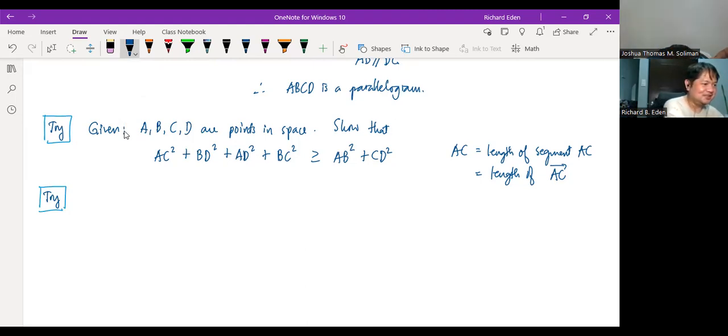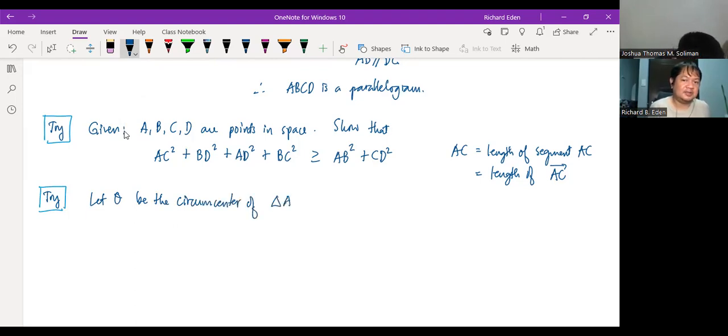Let me write down the following. Let O be the circumcenter of triangle ABC as usual.